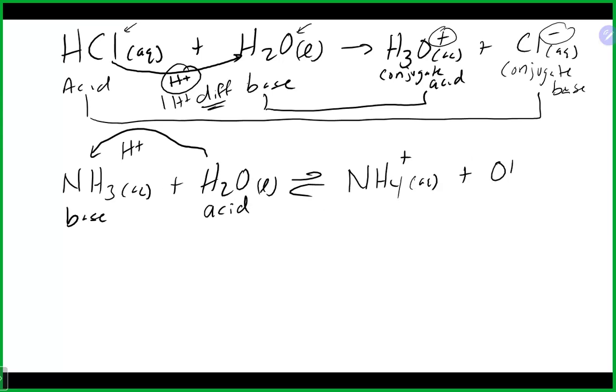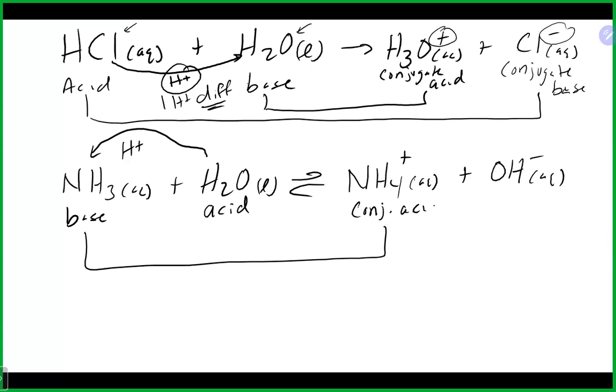And the water will lose an H plus and become negatively charged and become hydroxide. Again, our base on this side will be related to our conjugate acid on that side, and our acid will be related to our conjugate base on the other side. And once again, the only difference between the partners on the left and the right is a one H plus difference.